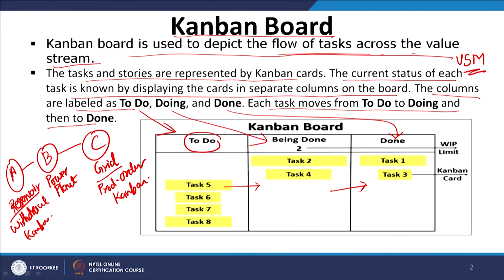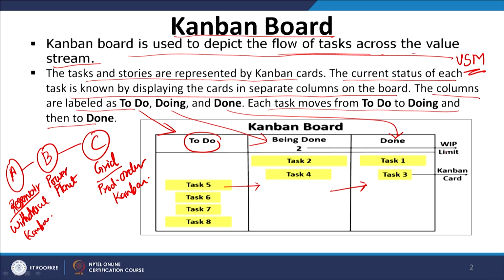Those processes which are currently happening are the part of second column, and those things which are done, which have happened, the part of third column. Now, you also see that in this particular Kanban card, the diagram which we have also, if you remember in the previous session, in the important issues related to Kanban, we used to have a WIP limit.